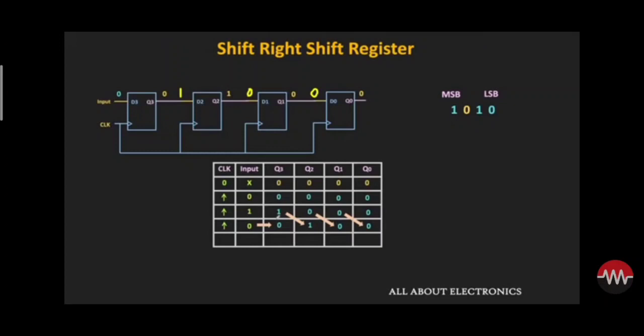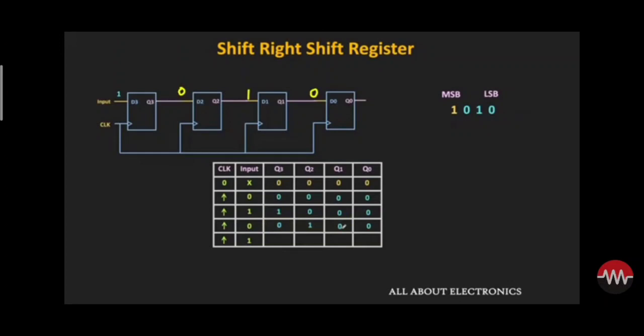And finally, the data which we want to shift into the register is equal to 1. So the same 1 should also apply to the input just before the next clock edge. And at the same time, the inputs for the remaining 3 flip-flops are 0, 1 and 0, that is the output of the previous stage.